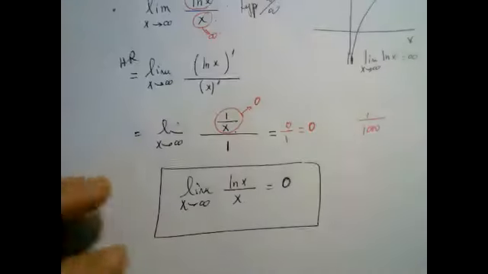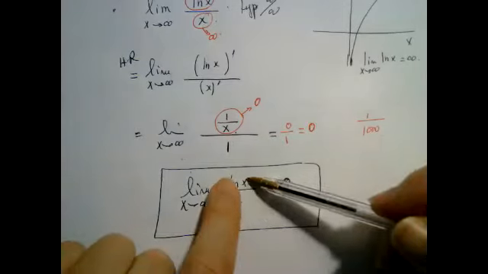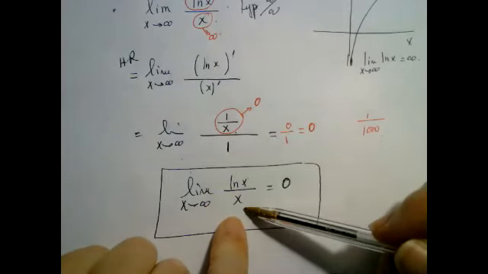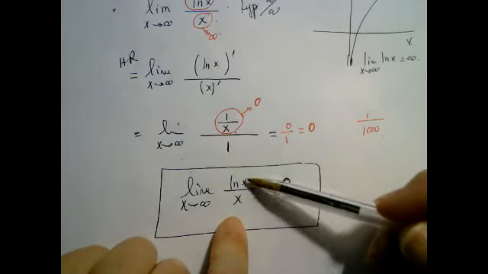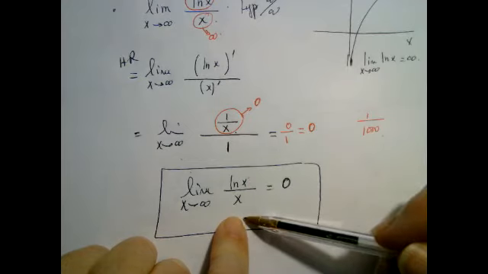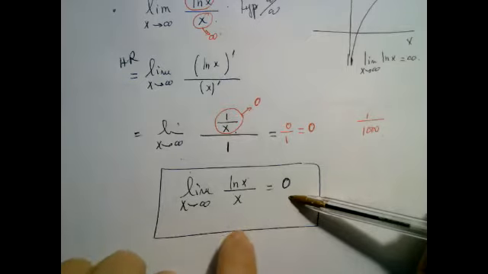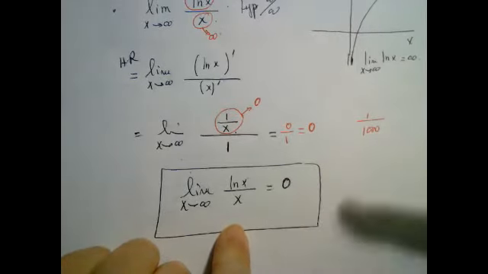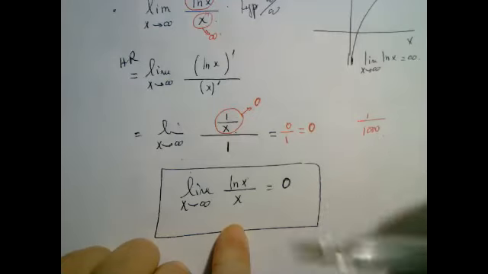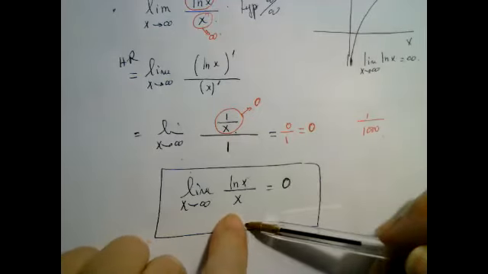So this is a scenario where the numerator is large and the denominator is large. When I compute the ratio, it's large over large, and I'm getting something small. So which one do you think grows faster? When I take large values of x, which is bigger, the ln or x? What do you think? And then we analyze it numerically.